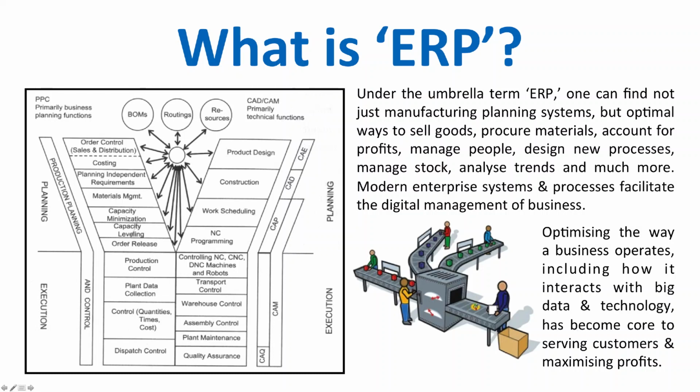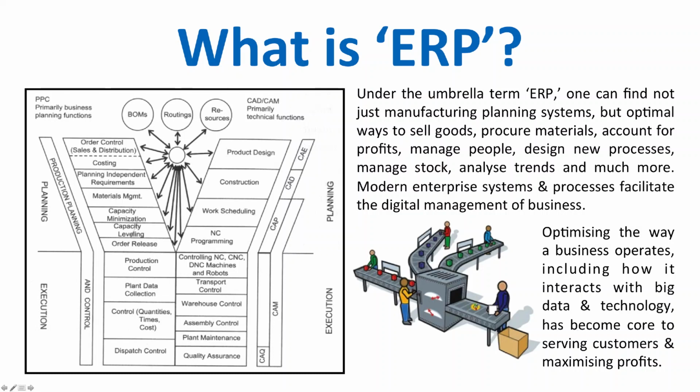Then you've got capacity minimization and leveling, that's back in production planning, and then order release, again in production planning. So quite a lot in the production planning case study, which is the third one we look at, after sales and distribution and materials management. We're of course using S4HANA in the lab. In this one I'm going to talk about the preceding versions.